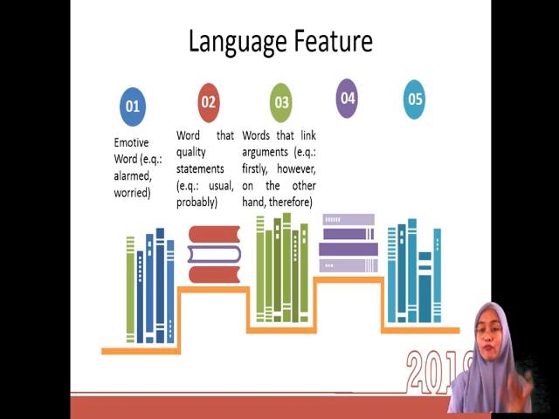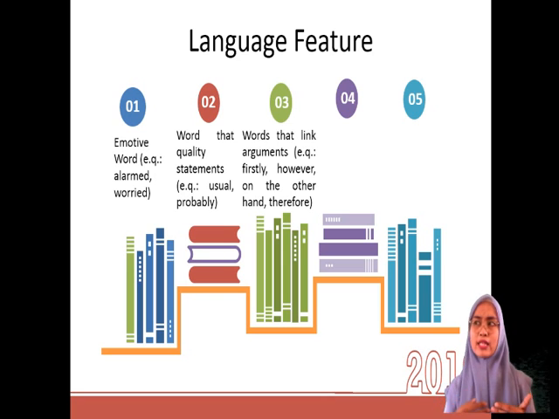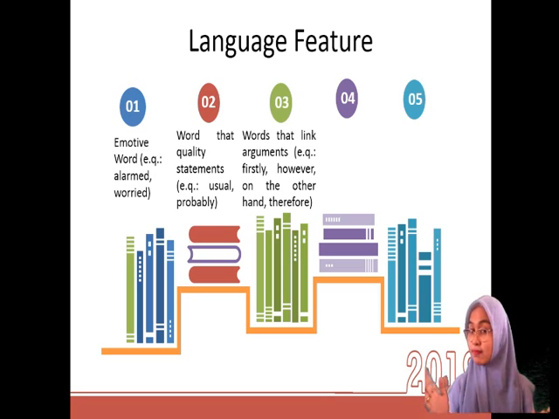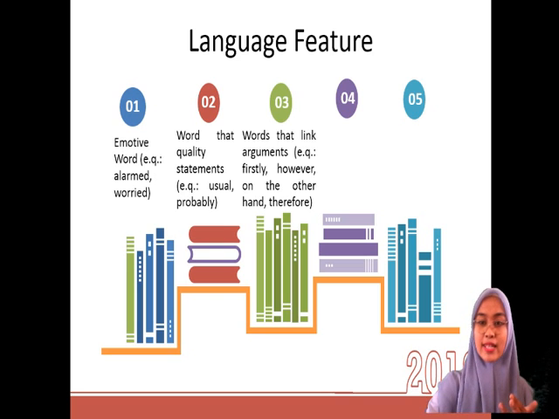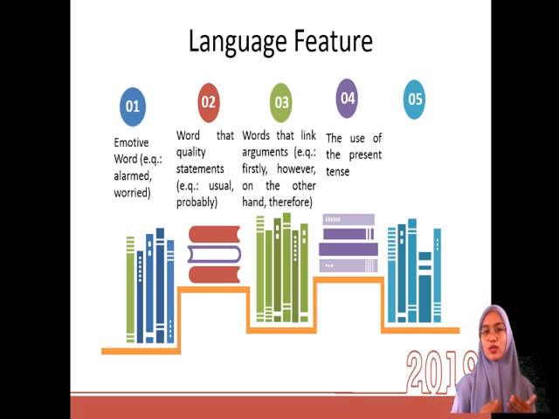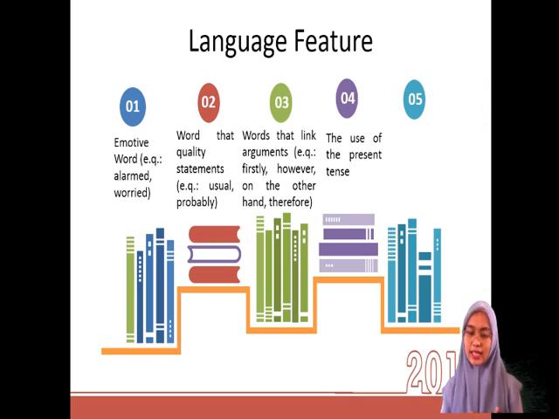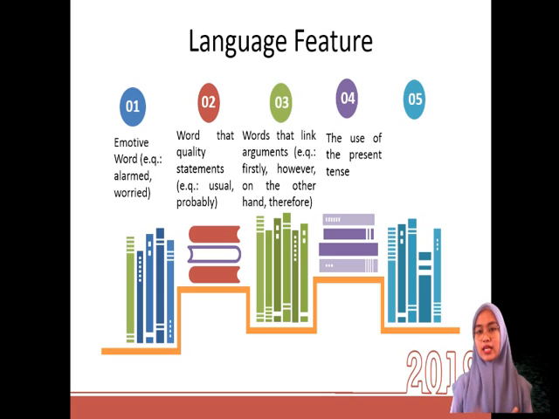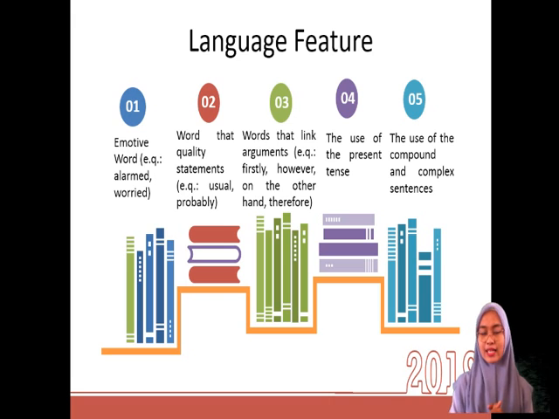Next, fourth, the tense of analytical exposition is present tense. Present tense usually uses verb 1 in the text. And the last one, the fifth, is using complex or compound sentences.